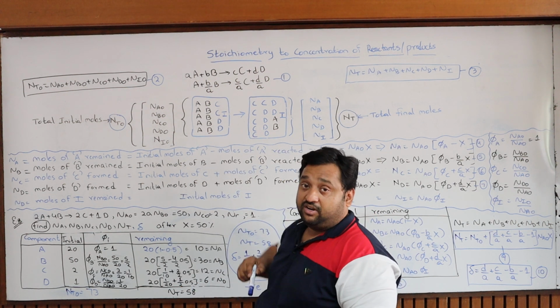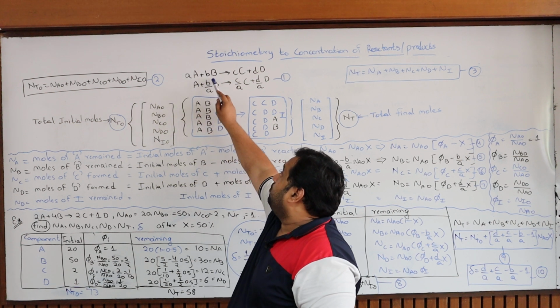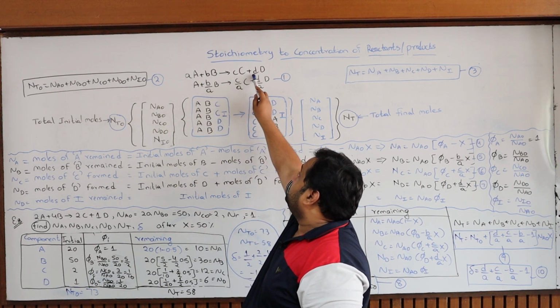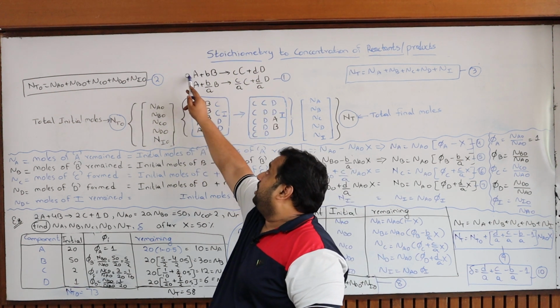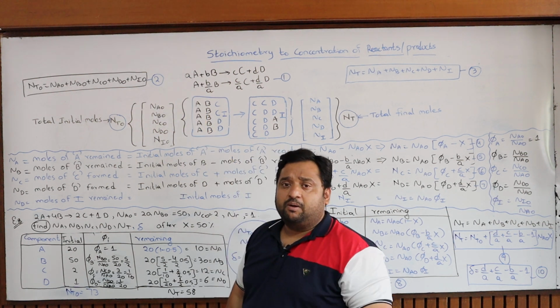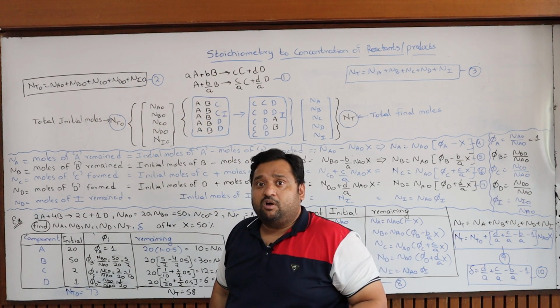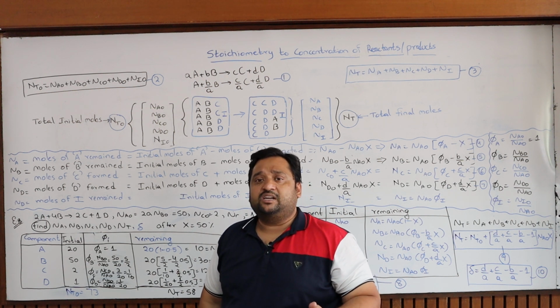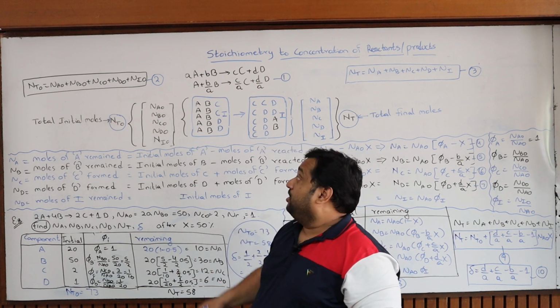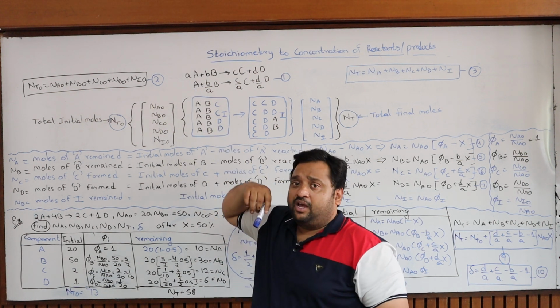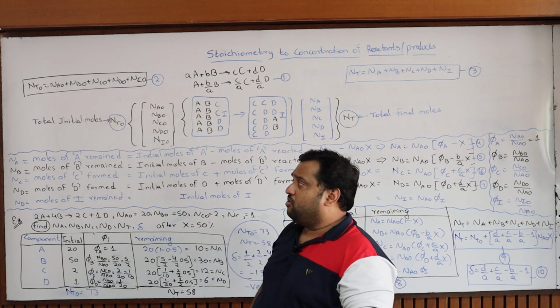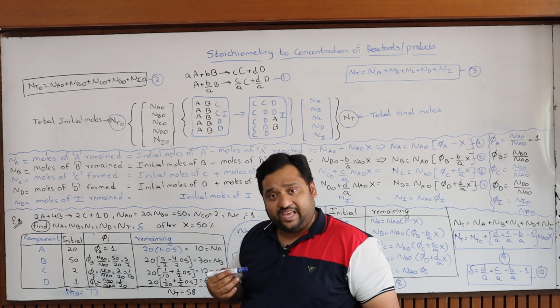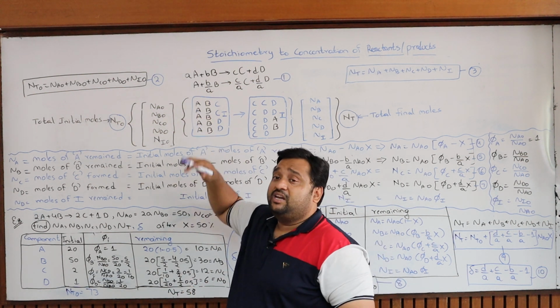Let us take a reaction: a moles of A plus b moles of B gives rise to c moles of C plus d moles of D. Always we have to compare, per mole of limiting reactant, how much reaction happened. This is the general nomenclature. I have explained what the limiting reactant is. Here the limiting reactant is A, the one which is in less amount.